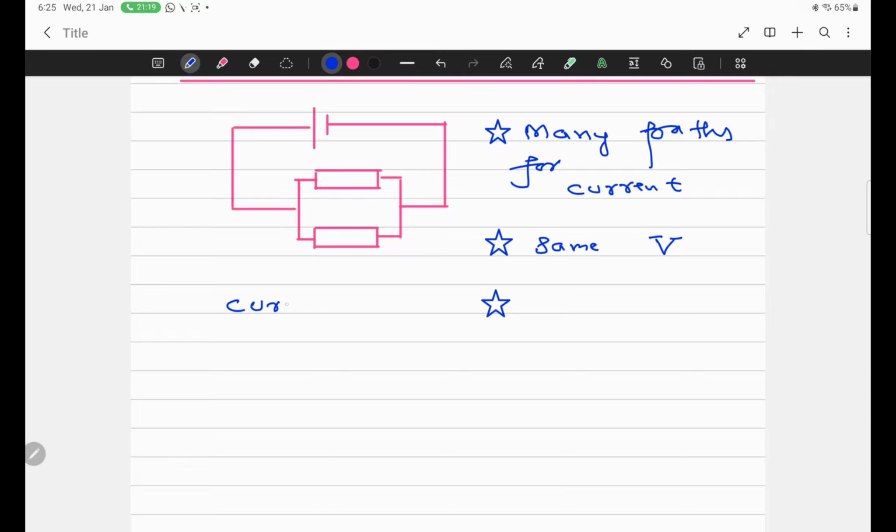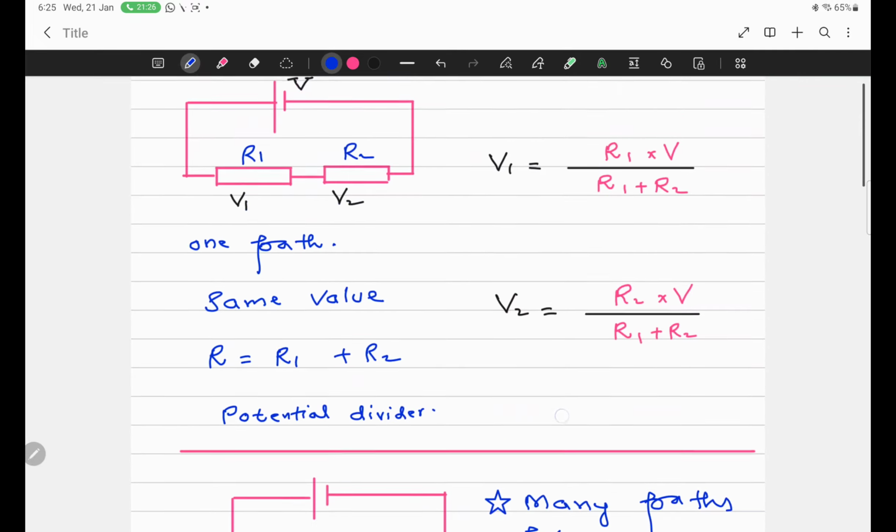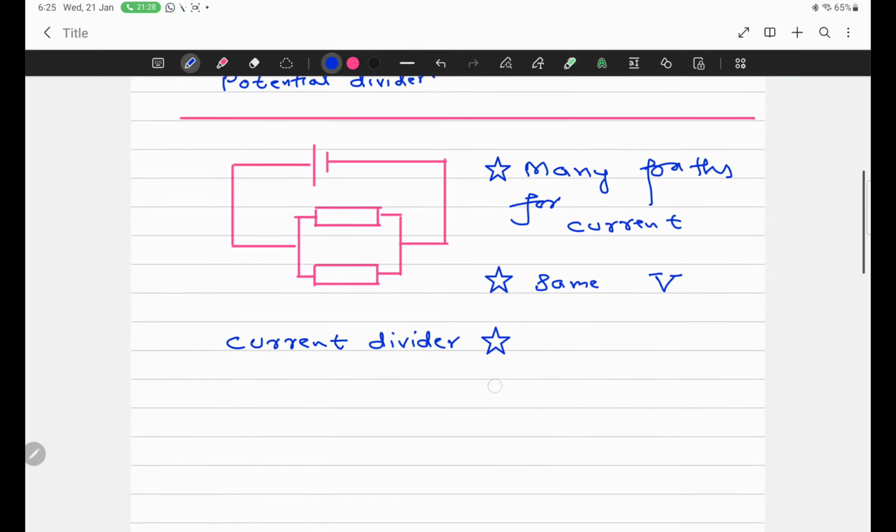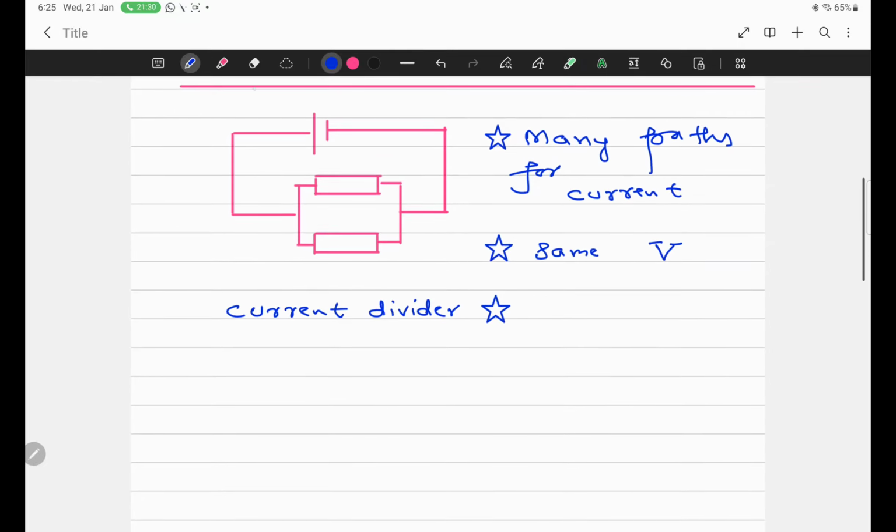So I call this circuit as current divider. Current is divided. In this circuit, voltage is divided. In this circuit, current is divided.